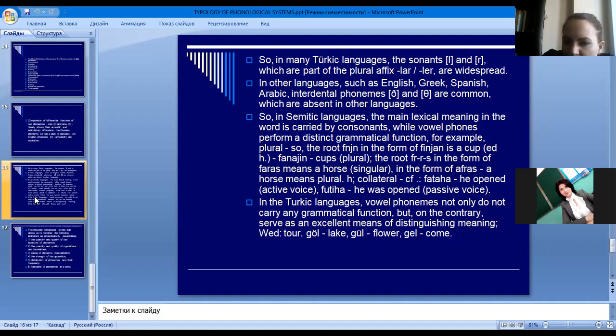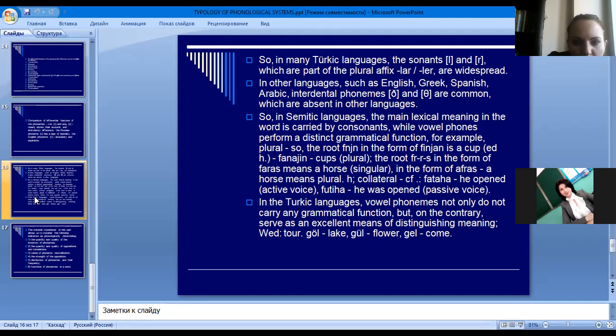The root FRS in the form faras means a horse in singular. In the form afras, a horse means plural. Likewise, fataha, he opened, and futiha, he was opened, as in passive voice.